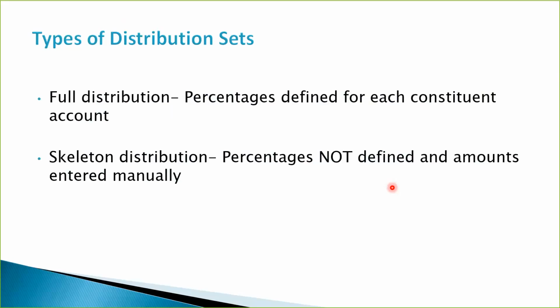On the other hand, for skeleton distribution, you only define the accounts, okay? So you'll enter the account numbers or the account combinations, but you won't enter how the amounts are going to be split. So for example, maybe you have the same scenario where you have 4 departments and you receive an invoice that is supposed to be split among those 4 departments at the end of every period.